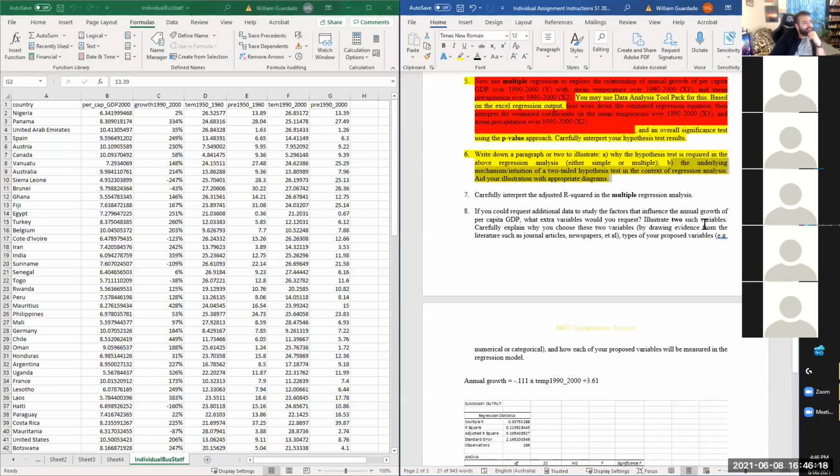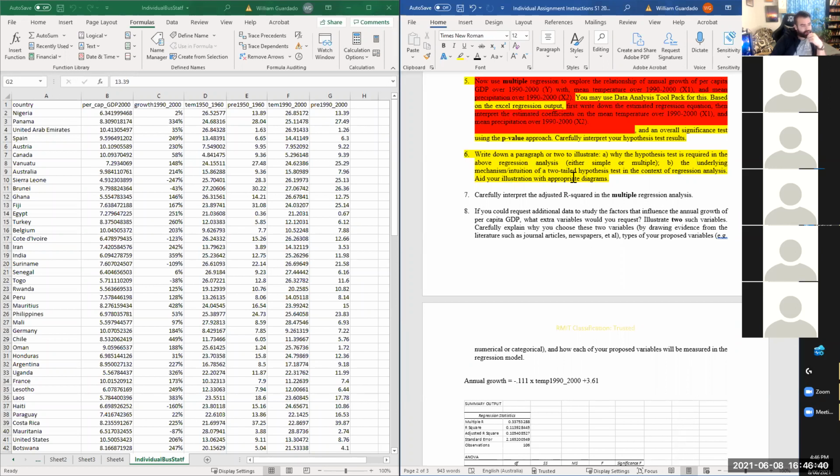See the underlying mechanism. So this one, a two-tailed hypothesis test, is that you want to see if it's increasing or decreasing, the underlying mechanism and the intuition. So the intuition is, when you go back to high school, you learn y is equal to mx plus c.